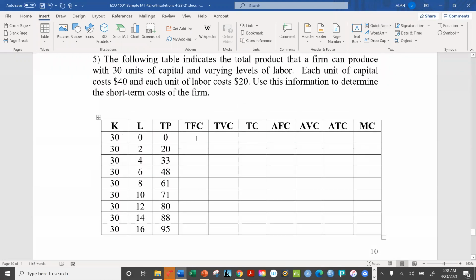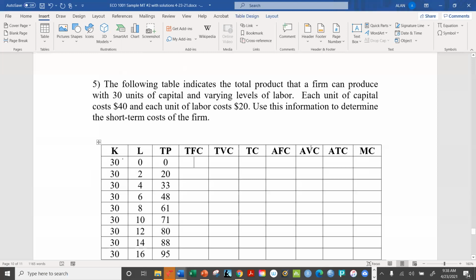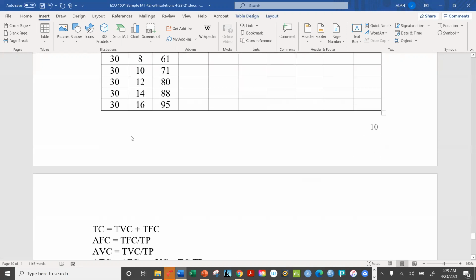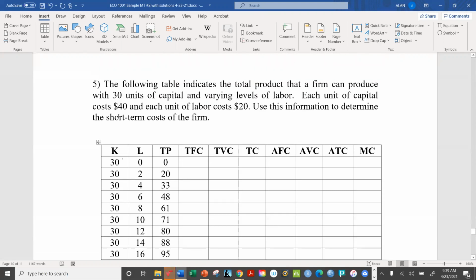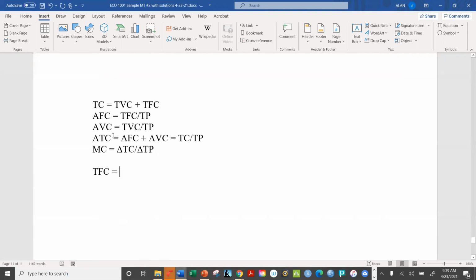And so now the total fixed cost, where's that coming from? Capital is fixed. Each unit of capital costs $40. So if we need to use 30 units of capital to produce this product, and each unit costs $40, that implies that our total fixed costs, which I'll put down here somewhere, must equal the product of 30 units of capital times $40 each, which is $1,200.